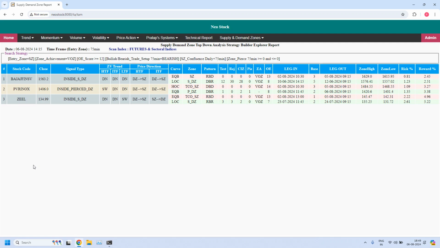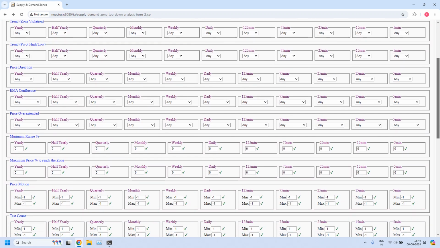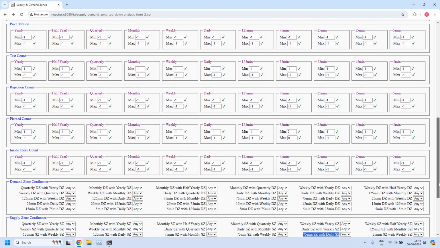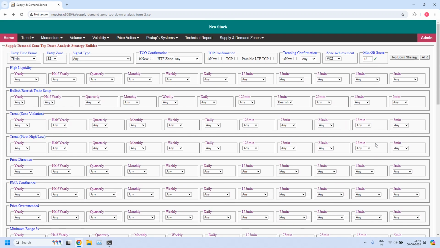Now out of these 3, how many are having confluence with even HTF? LTF, ITF and HTF confluence. So 75 minutes with the weekly, next 75 minutes supply zone with weekly confluence. This is a HTF confluence, and this is ITF and HTF confluence. Now all the 3 filters we set, LTF, ITF and HTF.